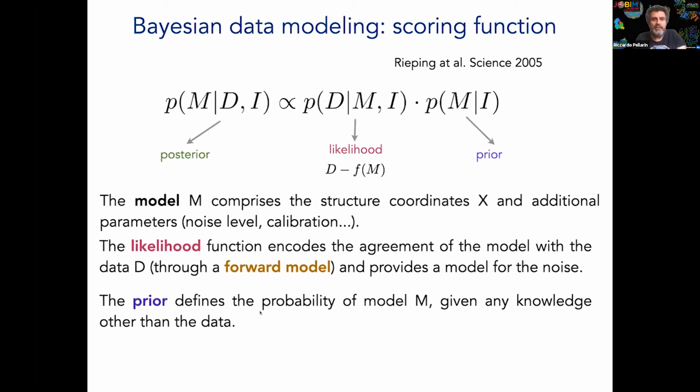The prior defines the probability of a model given any other knowledge, which is not the data. And the scoring function finally is the negative logarithm of the posterior, and therefore, sorry, is the negative logarithm of the likelihood plus the negative logarithm of the prior.